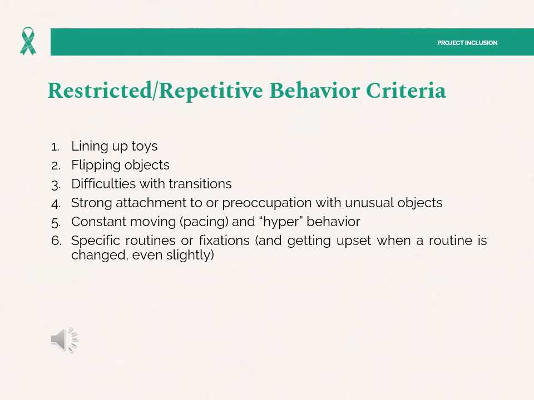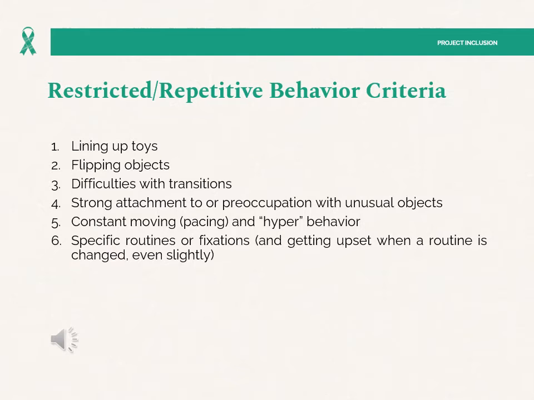Third, difficulties with transition. It also comes as a major sign and symptom when we talk about children with autism. Any kind of transition, any shifting from one topic to another or from one situation or location to another, mostly becomes a little difficult for any child with autism. They may throw a certain amount of temper tantrums.